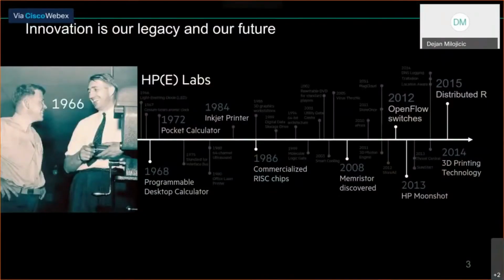Just a few words about the type of work we do in labs. We do innovation, but the meaningful one, as we like to call it. So some of the old-timers here who are watching may remember a programmable desktop calculator or the pocket calculator, but also inkjet printer and a number of other innovations that came out of labs.